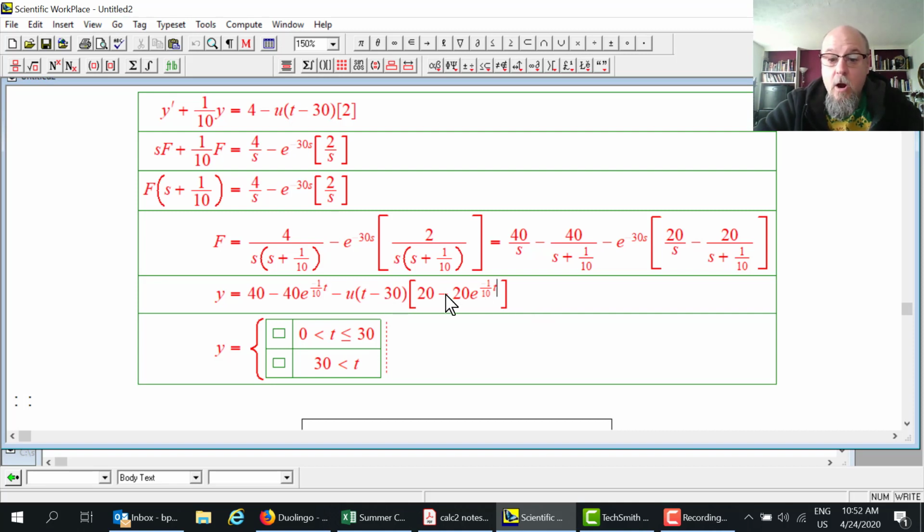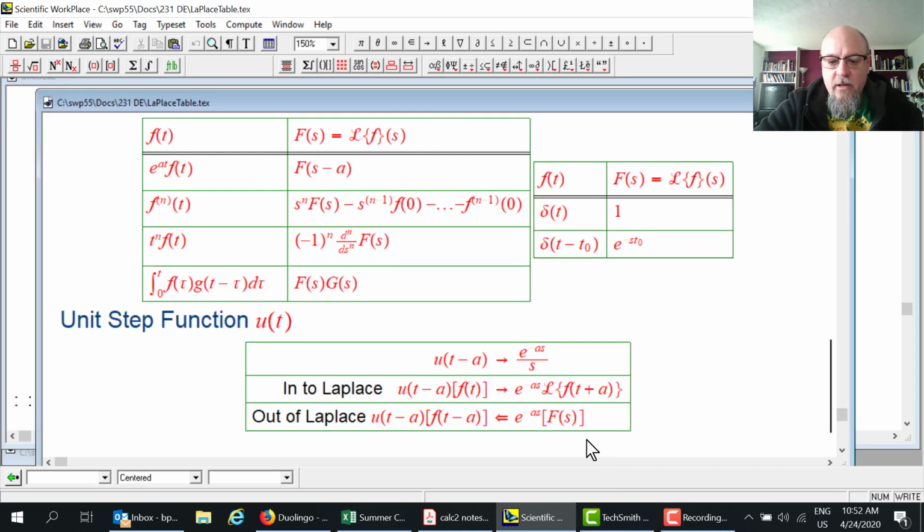But I want the argument inside the square bracketed piece to exactly match the argument of my Heaviside step, so I've got to be careful with the brackets. Everywhere there's a t, I put a t minus 30. That's using this rule to get out of Laplace.